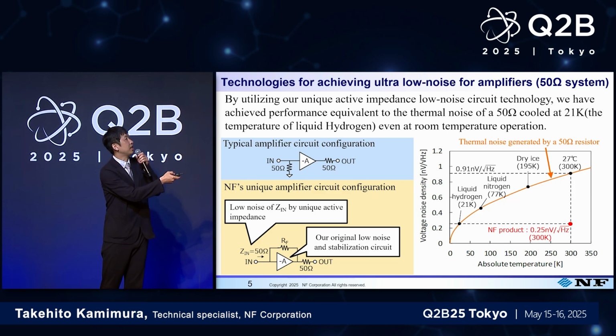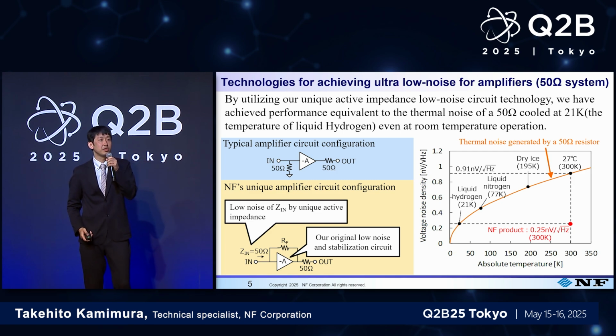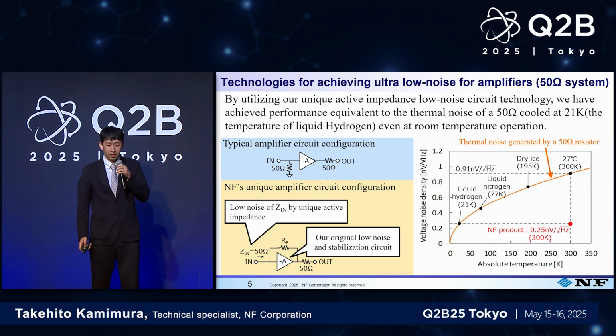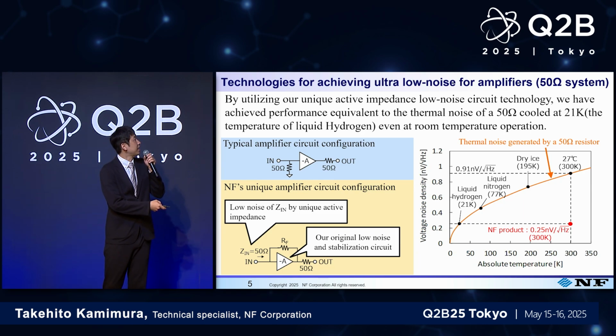At 300 Kelvin, the room temperature, the 0.9 noise means that it is very difficult to reduce the noise.